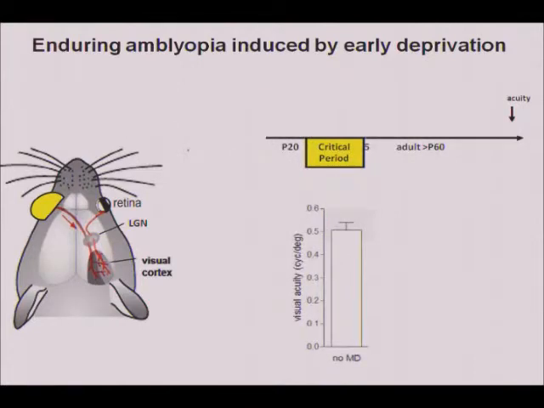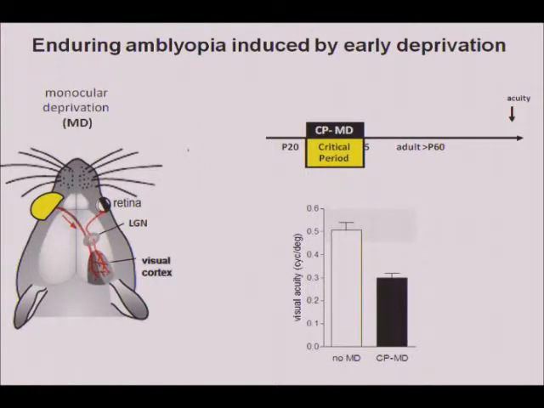If you then start to map when is the system sensitive to lazy eye or patching of one eye, you find that there is a critical period. If you patch the eye between postnatal day 20 and 40, you get an enduring loss of acuity. So in fact, in these experiments, the eye is reopened here, and the measurements are taken here, so the acuity is permanently reduced.